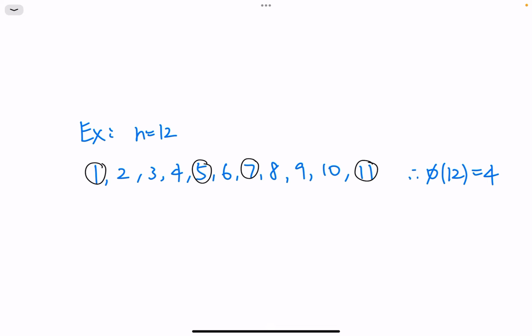Now, what if the number n is so large that it is not easy to write it out and check in this form? Well, it turns out there's a trick. There's a shortcut to do it.